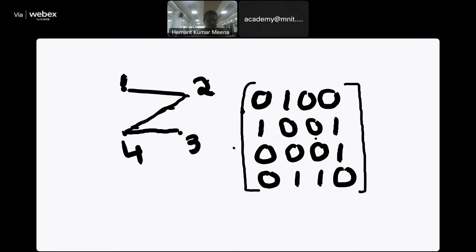Can we write it here? Yes. For example, at node 1 the value may be 2, at node 2 it may be 3, at node 3 the value may be 5, at node 4 the value may be 3.